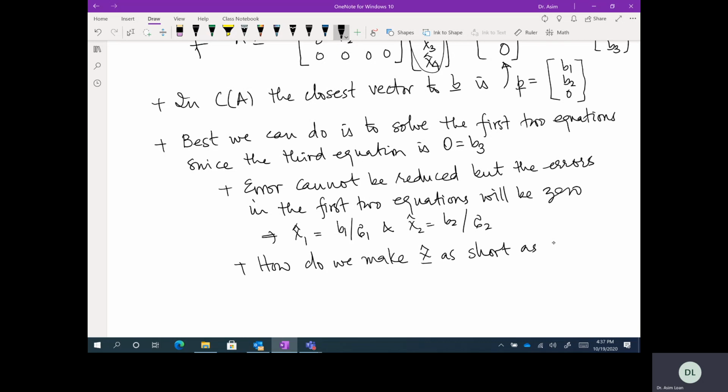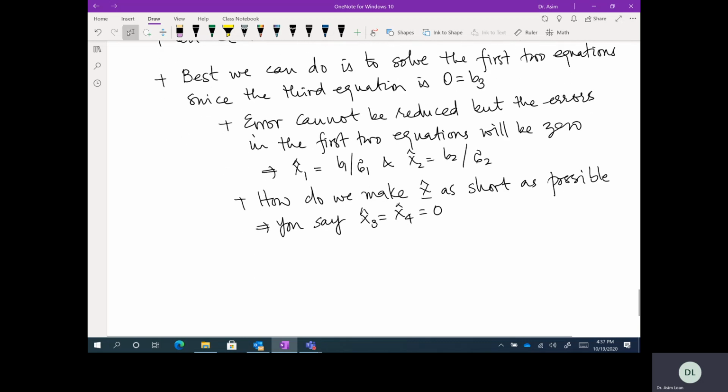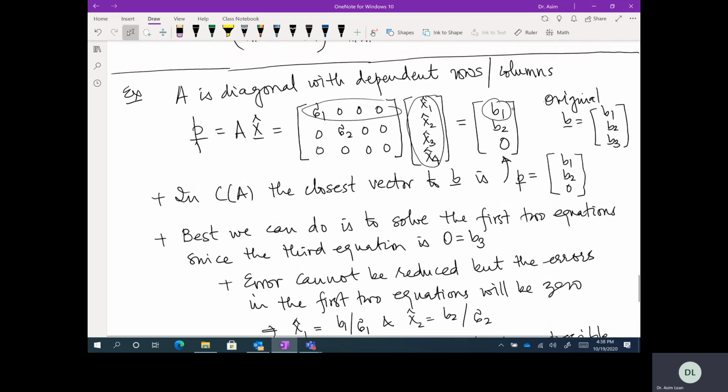You put x3 equals x4 equals 0, right? So what is the minimal length solution? The minimal length solution is obviously this one.